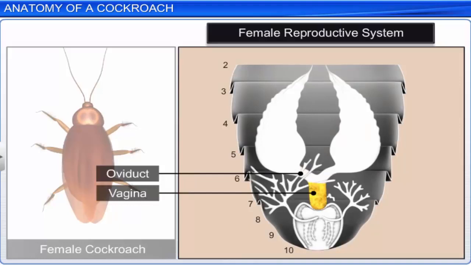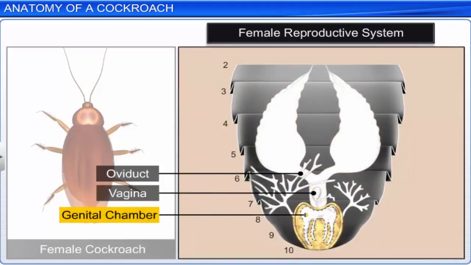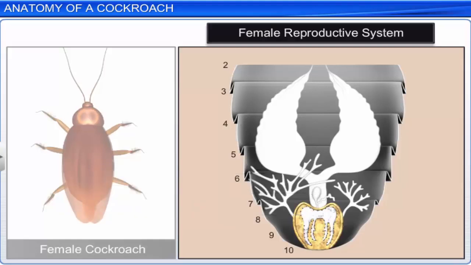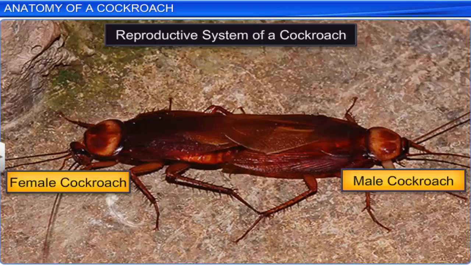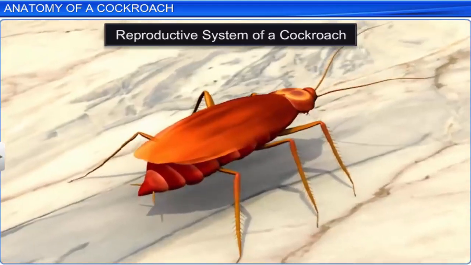The vagina opens into the genital chamber. In the 6th segment, a pair of spermatheca is present, which also opens into the genital chamber. During copulation, sperm is transferred through spermatophores.